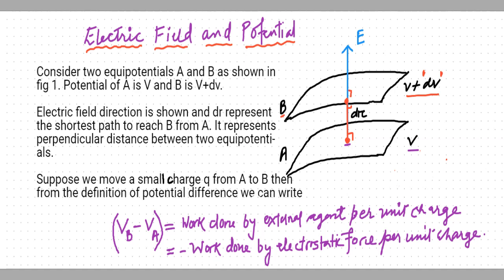So potential difference between the two points A and B, or VB minus VA, is work done by external agent per unit charge, that we know. You are moving the charge from, this is important, A to B. So this is your path. Remember.